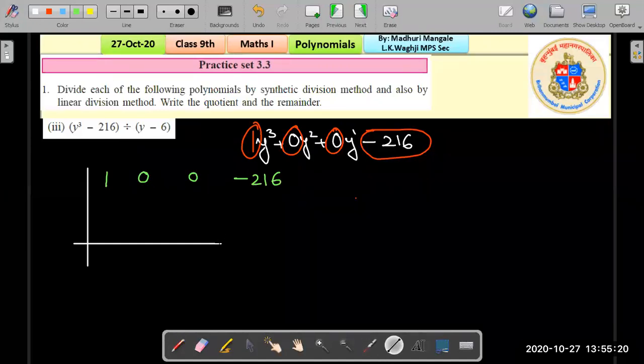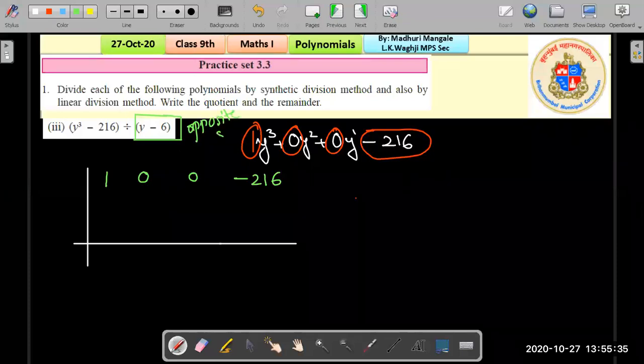And now the next step is to use the divisor. So what is the divisor given? It's y minus 6, and we have to use the opposite sign. Use the opposite sign always. So minus 6 will turn to be positive 6. We write 6 over here and then we continue the process.